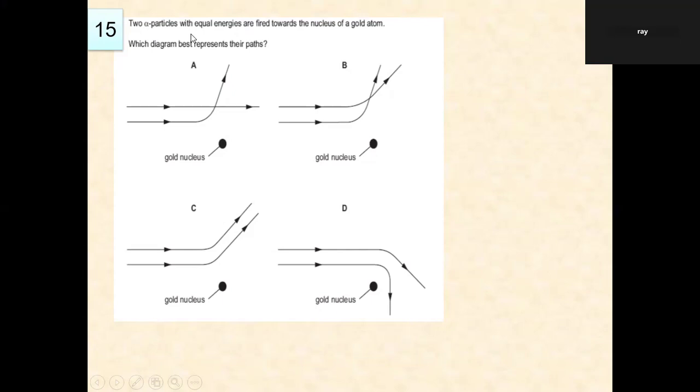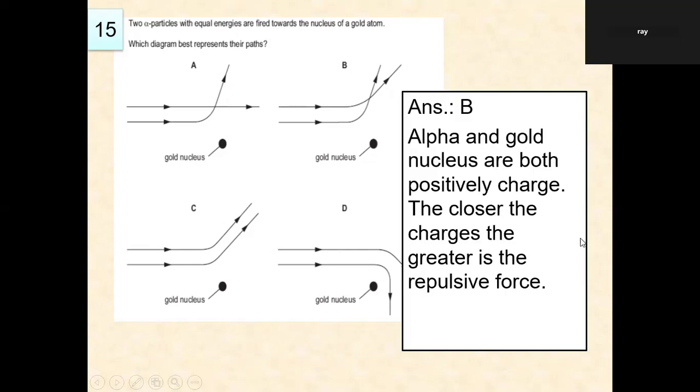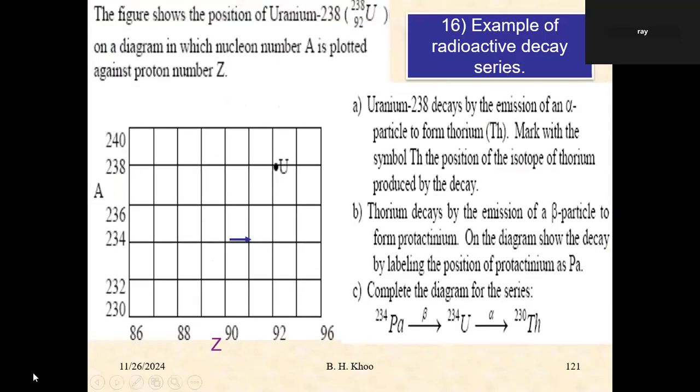We are told two alpha particles with equal energy are fired towards the nucleus of both atoms. Which diagram represents the path? It cannot be A, it is B. It is nearer here, the force is stronger, so it's deflected more. Further away, the deflection is less.